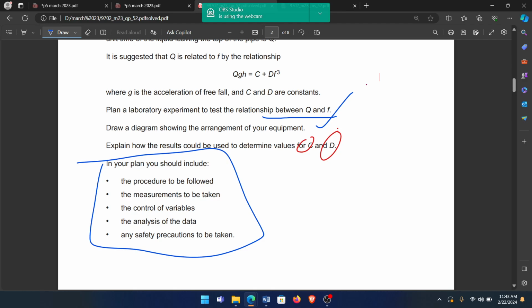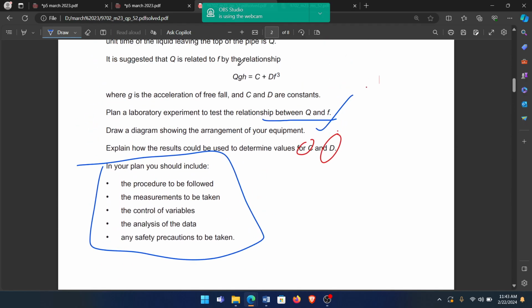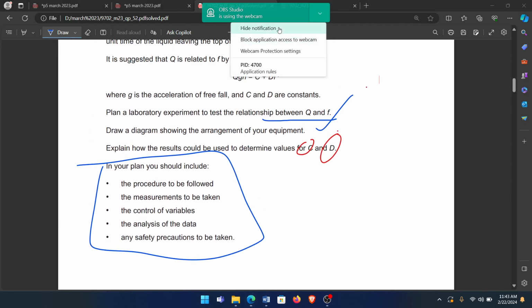You don't need to write the answer in this order. Just write the experiment as usual, but in your experiment you should mention all this.